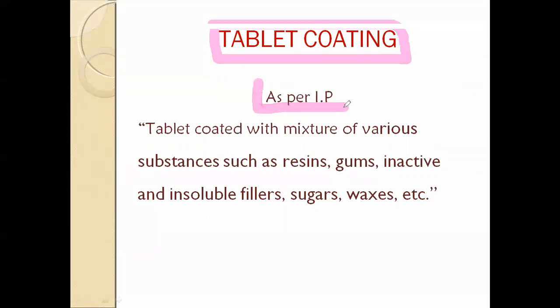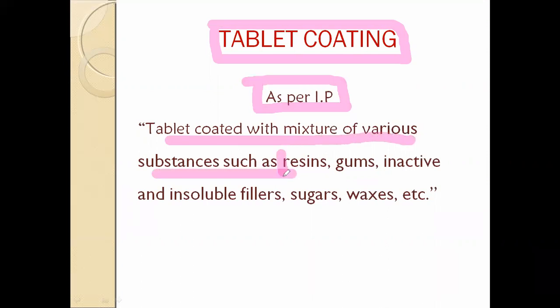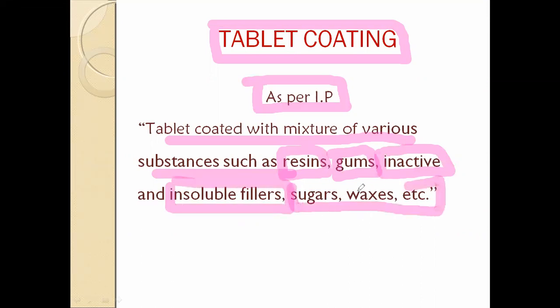So as per Indian Pharmacopoeia, a tablet coated with a mixture of various substances such as resins, gums, inactive and insoluble fillers, sugars, waxes, etc. is called tablet coating. So this is the definition which is given for tablet coating as per Indian Pharmacopoeia.